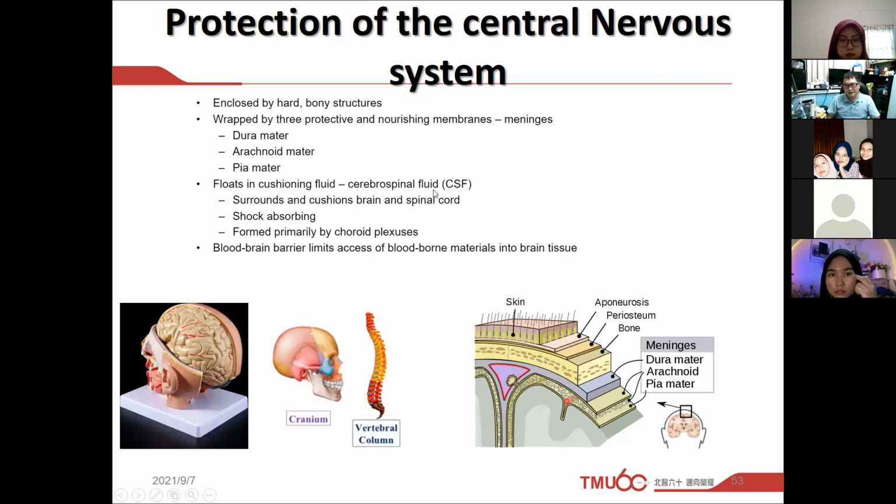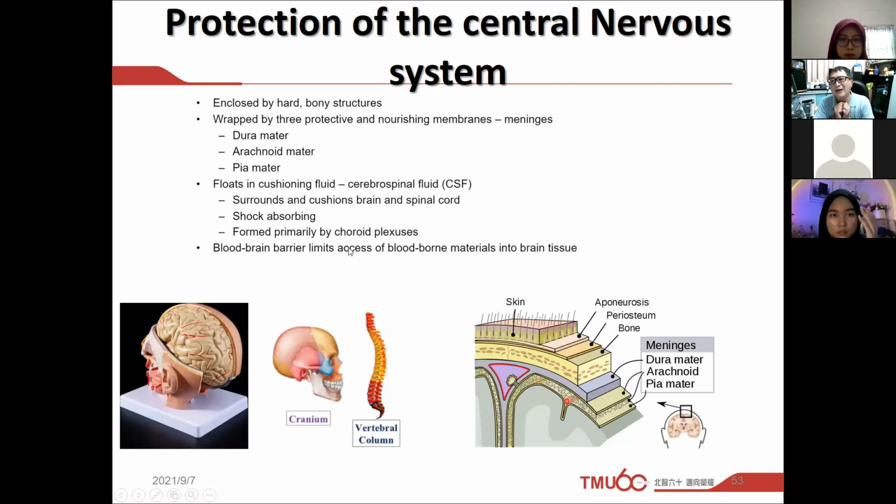Another one is the BBB, the blood-brain barrier, which I mentioned already, which can limit the occurrence of infection. Because neuron injury is irreversible, it needs to be protected very, very well in a particular way.